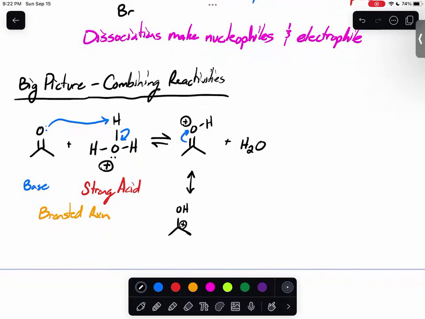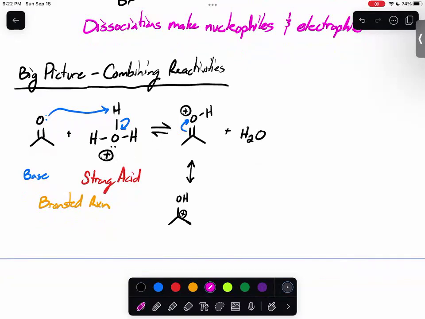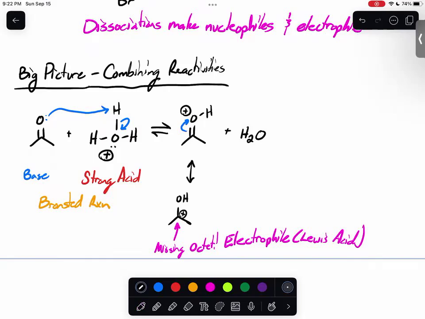But what you'll notice is that this carbon is missing an octet. And since it has that positive charge and it's missing an octet, that is the primary example of an electrophile, aka a Lewis acid. And funny enough, we've generated water, right?